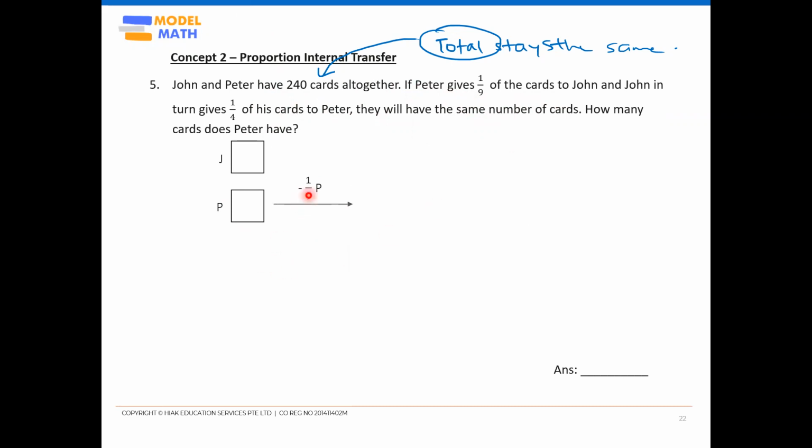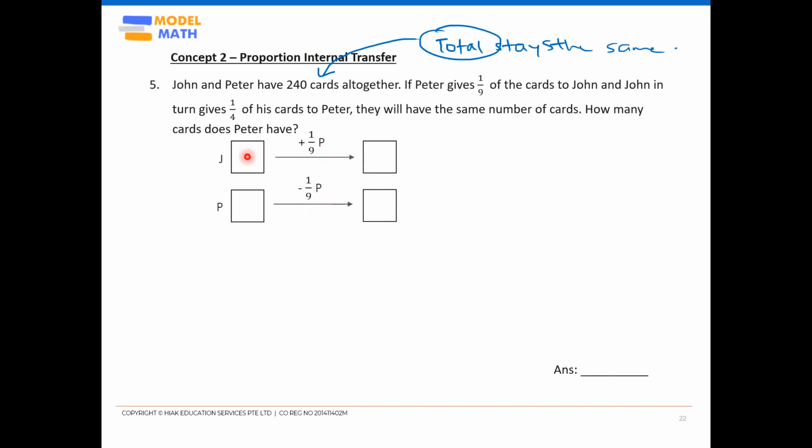So Peter gives away 1/9, so I put minus 1/9 P, and this is given to John. John is the one receiving, so it will be plus 1/9 P. Why do I still put P? Because this 1/9 of cards came from Peter's share, so it's still a P behind. New boxes for you to fill up later.